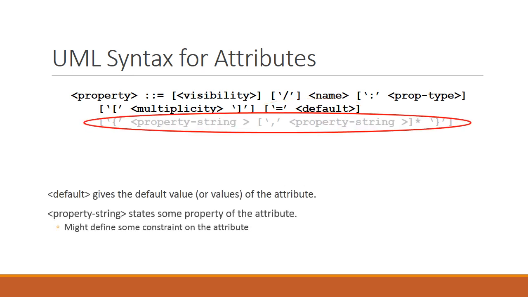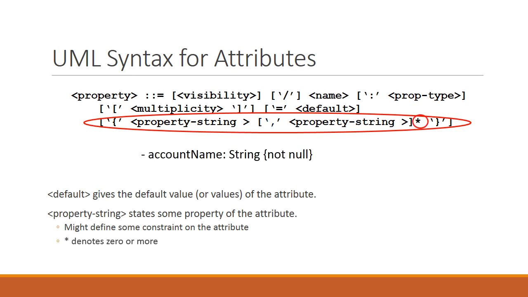Finally, there's the property string, and a property string states some property of the attribute. This might define some constraint on the attribute. So for example, I might say that the account name is a string, but it's not allowed to be null. Notice that there is an asterisk at the end of this definition, and an asterisk denotes 0 or more.